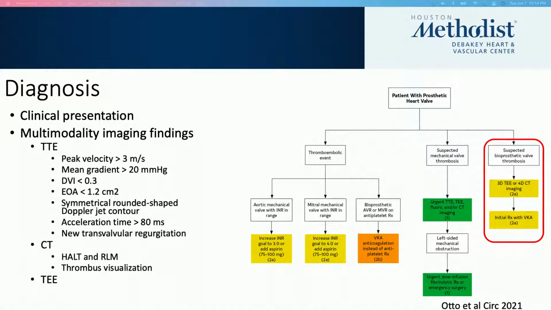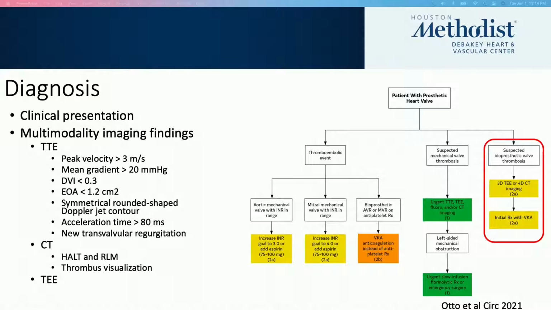So diagnosis is highly based on the clinical presentation. Any evidence of thromboembolic events in these patients should be treated as a valvular dysfunction and should be assessed very carefully. Multimodality imaging is key in these patients.